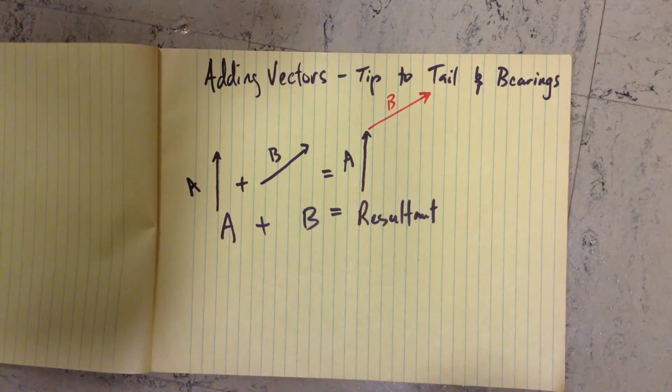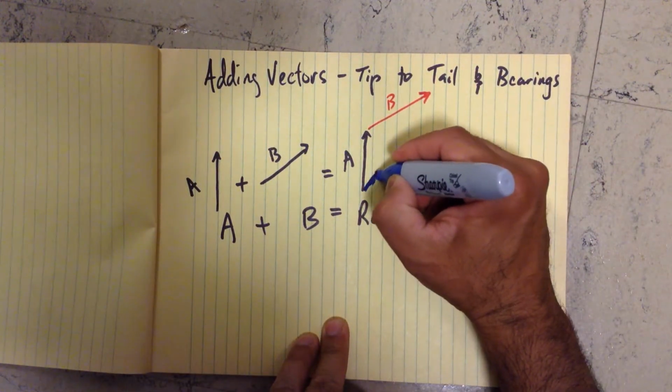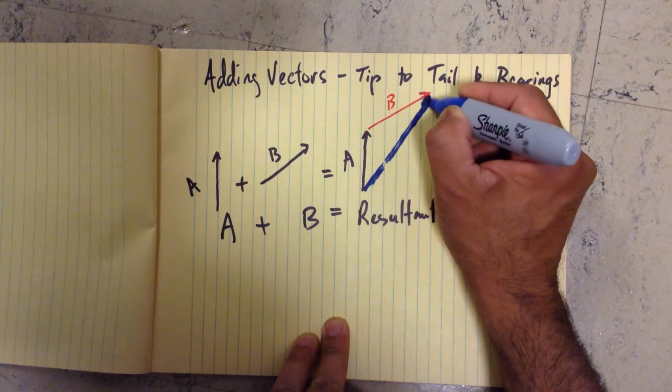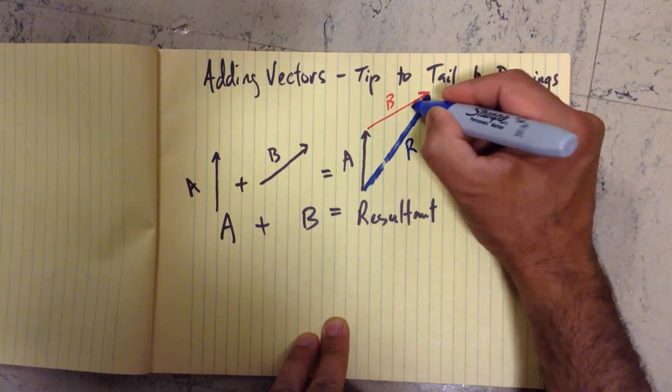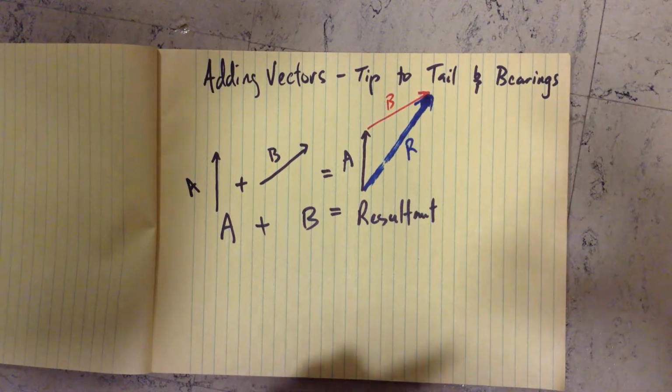Then our resultant goes from the beginning of A to the end of B. So tip to tail: finish the first vector, draw the second vector. Our resultant goes from the start of the first to the end of the second.